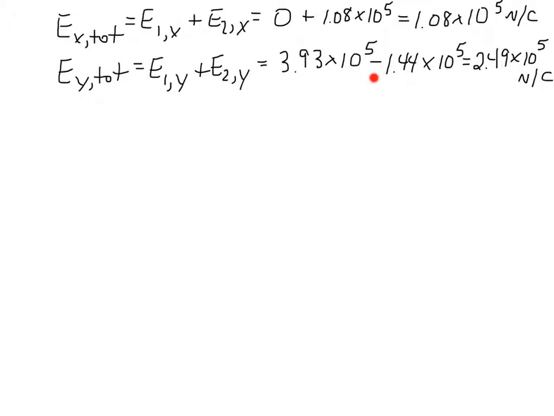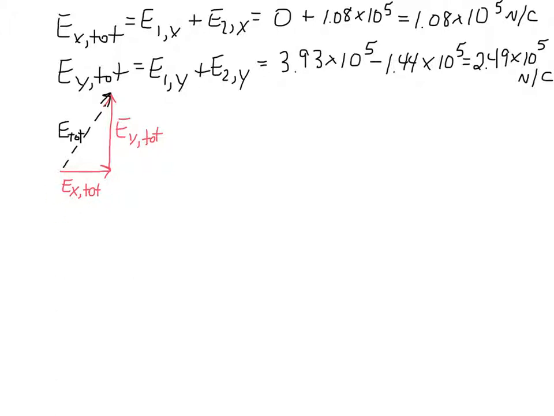Notice that the y direction was negative for E2. I'm going to just draw these two vectors, the total for the x direction and the total for the y direction, and remind myself that what I'm finding now is this vector right here, the resultant vector. I can use the Pythagorean theorem to find this vector.